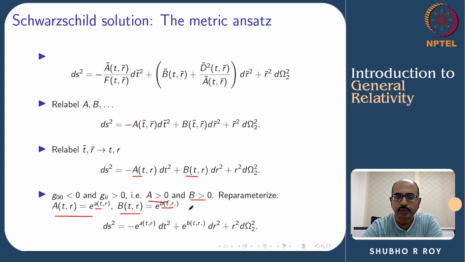So if I write in this exponential parameterization, the same metric will read like this, with big A replaced by e to the little a, and big B replaced by e to the little b, and we have to determine this little a and little b. So that is our next task.